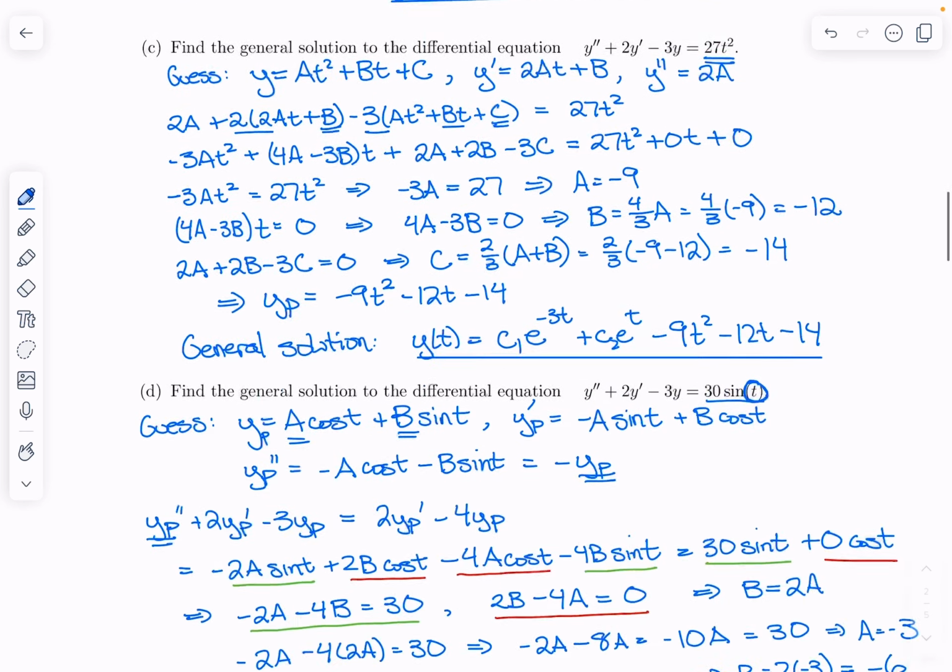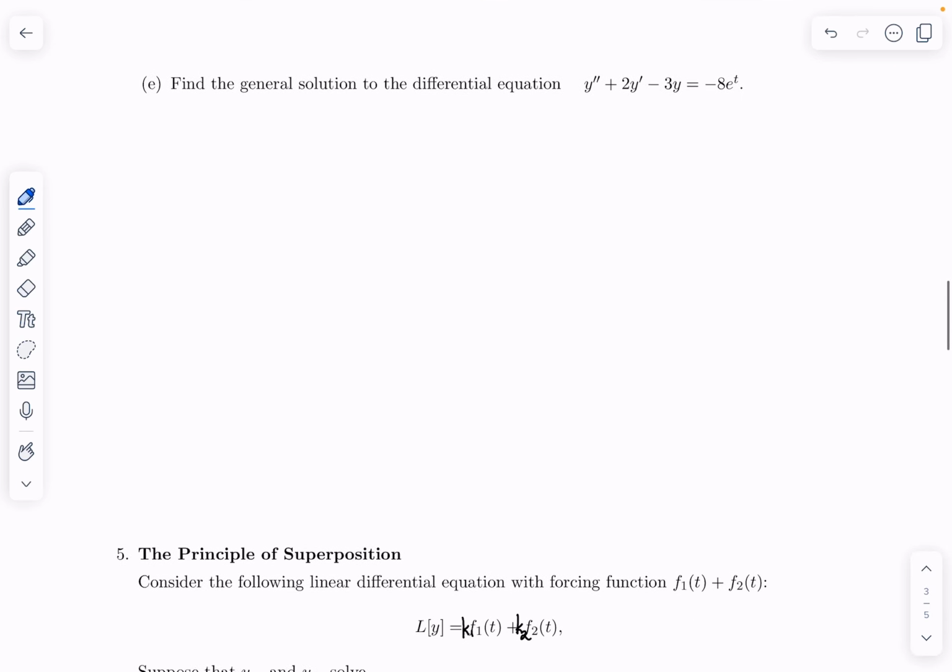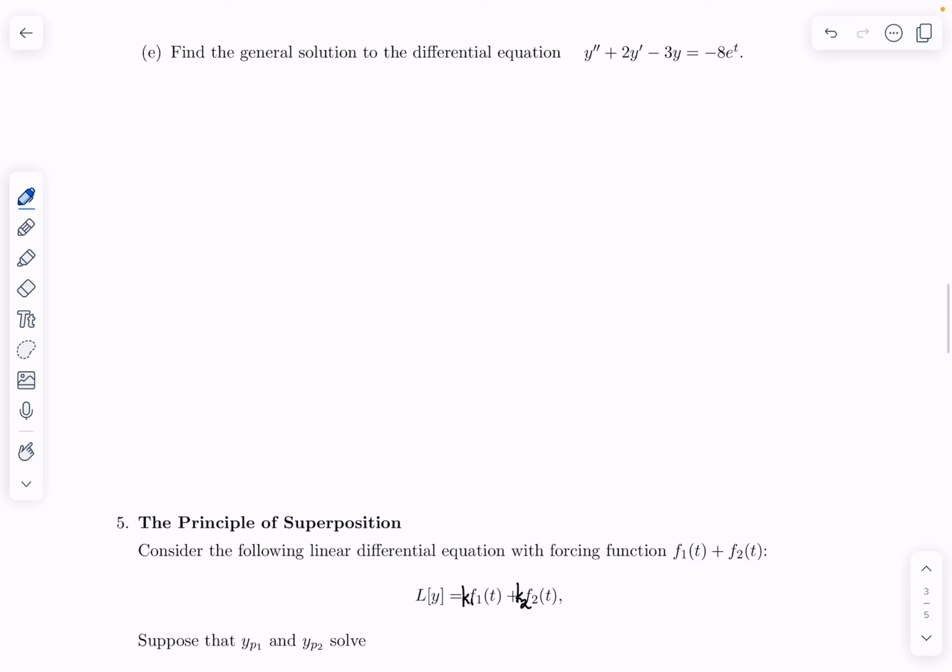So let's proceed in the same way. Let's go ahead and guess that yp is equal to a e to the t. That's really nice because the derivative of our particular solution is going to be a e to the t, and our second derivative is going to be a e to the t.